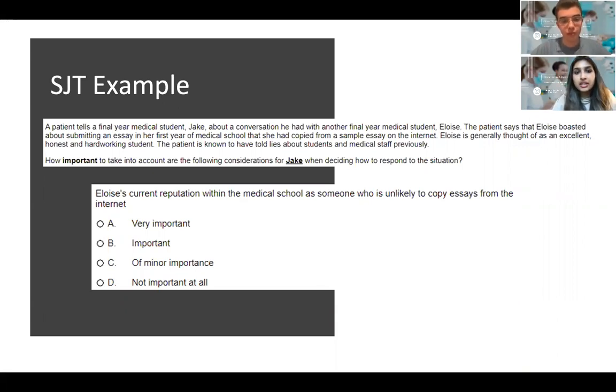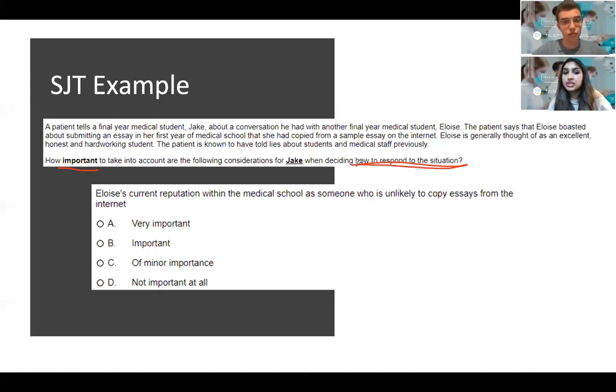So one of the statements is Eloise's current reputation within the medical school as someone who is unlikely to copy essays from the internet. If we look at the question, it is asking how important is it to take into account this consideration when Jake is making a decision on how to respond to the situation, okay? So firstly, you have to think, how would Jake respond?